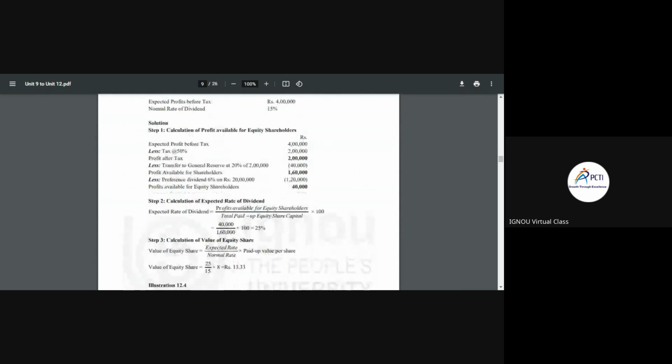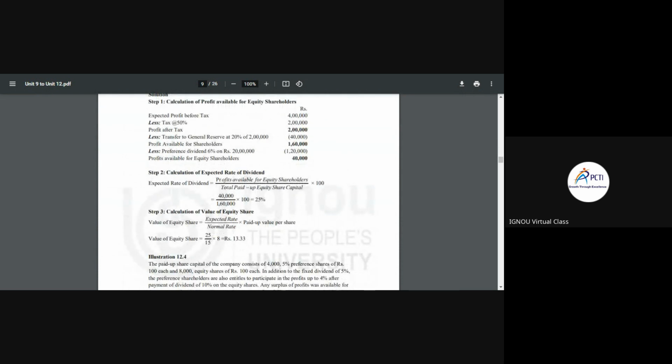Step 1 is calculation of profit available for equity shareholders. First of all, we have expected profit before tax, that will be 4 lakh. Then we deduct tax at the rate of 50%, 2 lakh. Then we have profit after tax, 2 lakh. Then we deduct transfer to general reserve at 20% of 2 lakh, that will be 40,000.